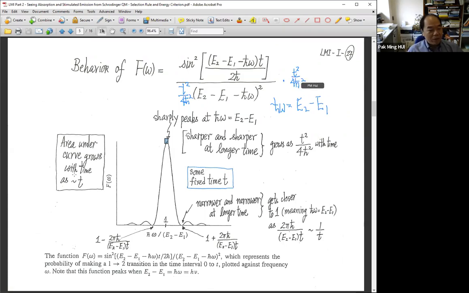Okay, so that will be okay, right? I'm multiplying by a 1, and then you will see this to be our friend, okay? The limit when it hits the resonance, it will give 1. Thereby, the whole function will have a peak that is t square divided by 4h bar square. So I'm talking about this value, okay? It is this value.